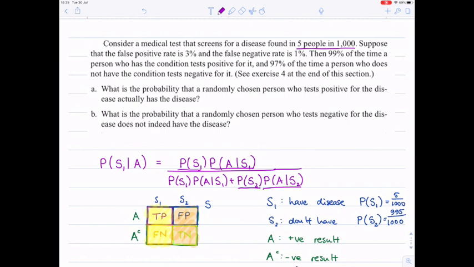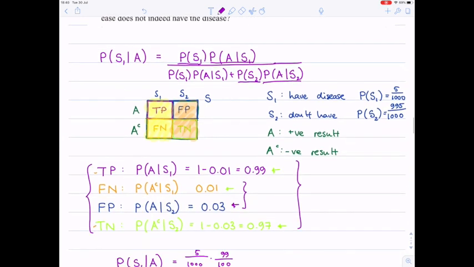Most people don't have the disease. And so you're going to have a lot more false positives than true positives, simply because there are so few people who actually have the disease. That's really what's going on here.